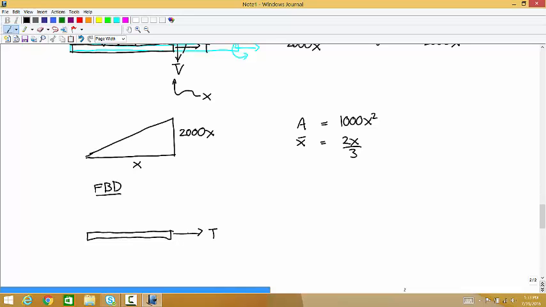We have the internal loads. And we have now a point force of 1,000x squared acting at 2x over 3 from the left end.